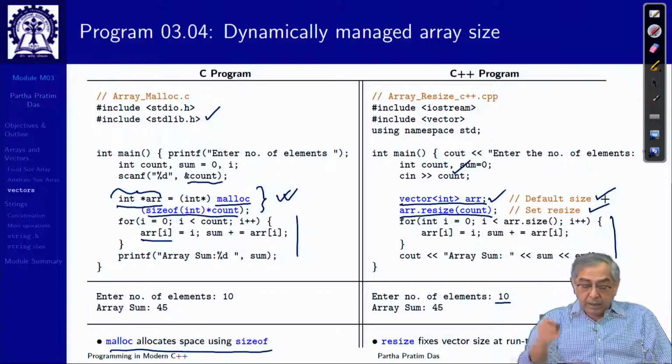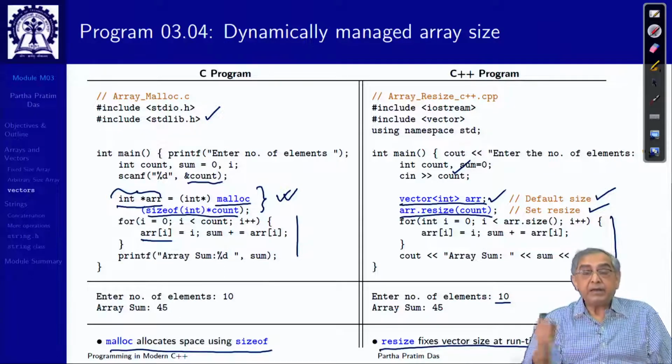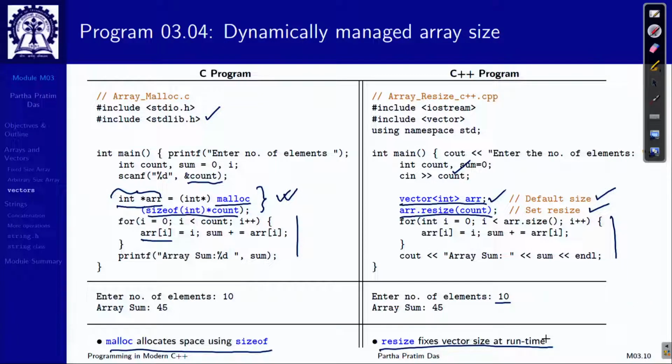So, it resizes at runtime and makes your coding much easier. Whether it is a fixed size array, an array whose size is fixed by manifest constants, or potentially a dynamically managed array size, all of that can be handled by just this vector definition, which naturally makes arrays, or array-like things, much easier in C++.